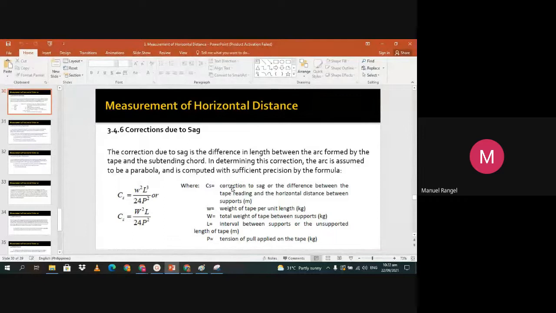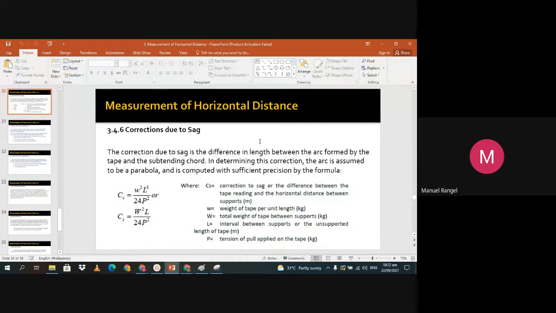So a tape attains its correct length when it's fully supported and is subjected to the pull for which it was standardized.